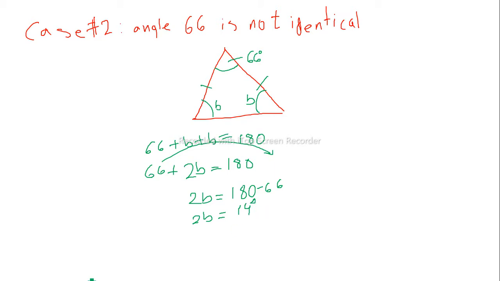So divide both sides by 2. So B is equal to 114 divided by 2, which is what?